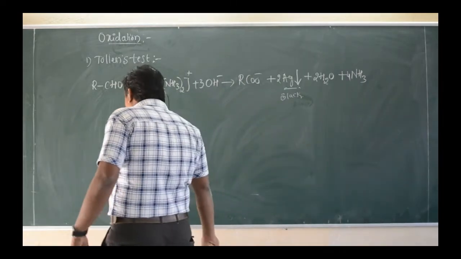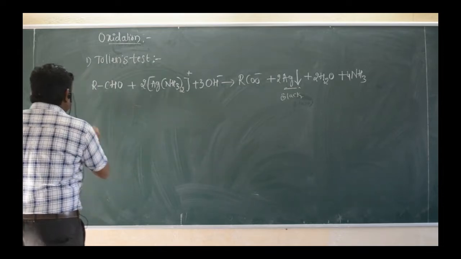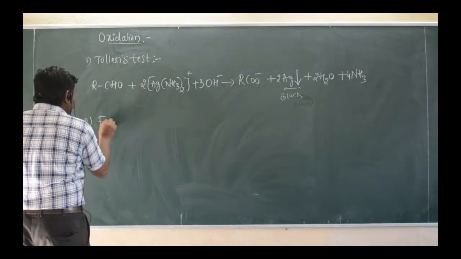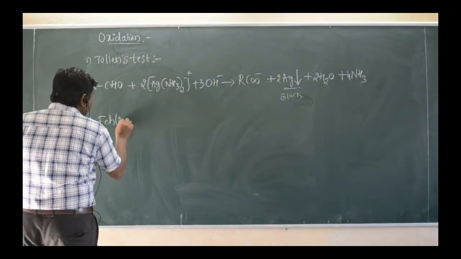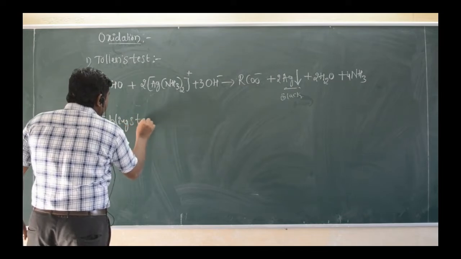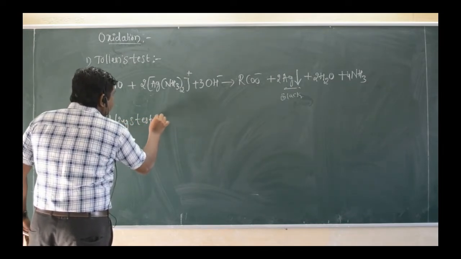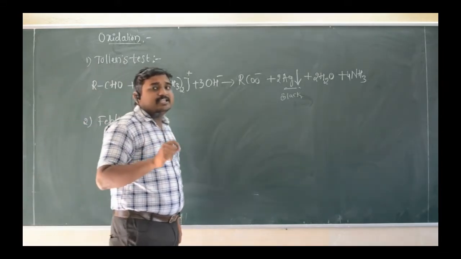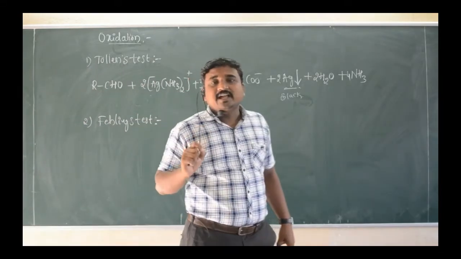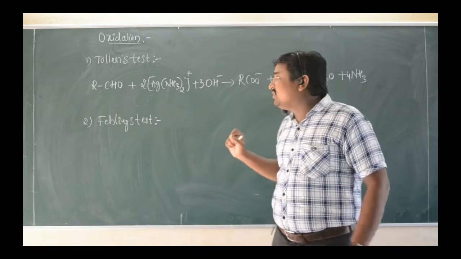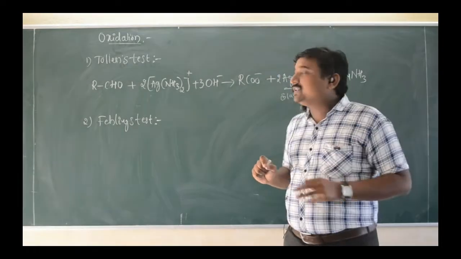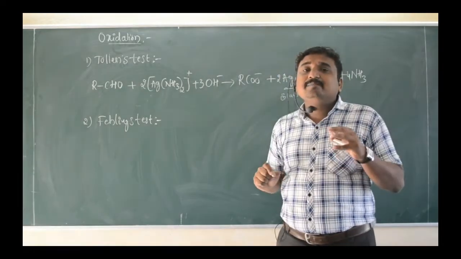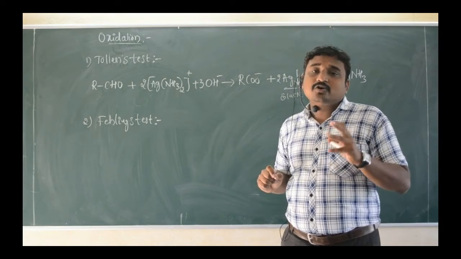The next one is Fehling's test. In Fehling's test, an aldehyde, especially an aliphatic aldehyde, reacts with Fehling's solution and produces a red precipitate of cuprous oxide.